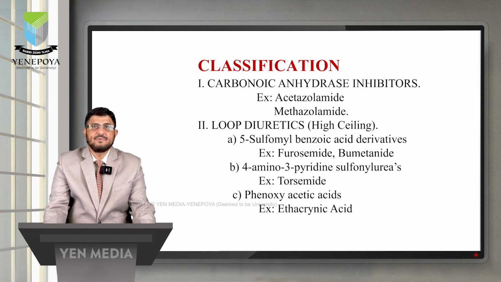Number 2, loop diuretics, also called high ceiling diuretics. They are sub-classified as A, 5-sulfamoyl benzoic acid derivatives, for example furosemide and bumetanide; B, 4-amino-3-pyridine sulfonylureas, for example torsemide; and C, phenoxyacetic acid derivatives, for example ethacrynic acid.